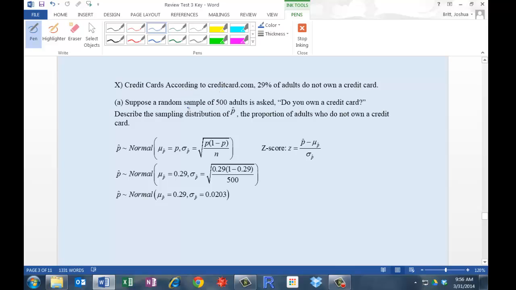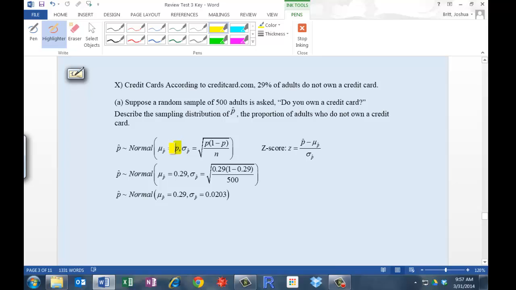So suppose a sample of 500 adults is asked, do you own a credit card? Describe the sampling distribution of p hat. Well, the distribution of p hat is going to follow a normal because it's a random variable again, with this mean here and the standard deviation here.